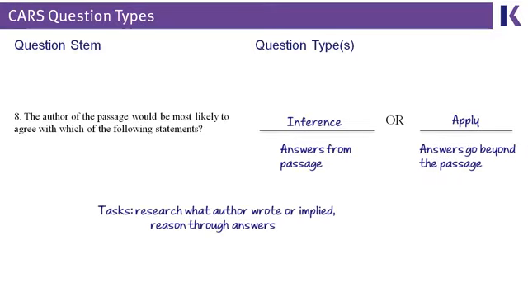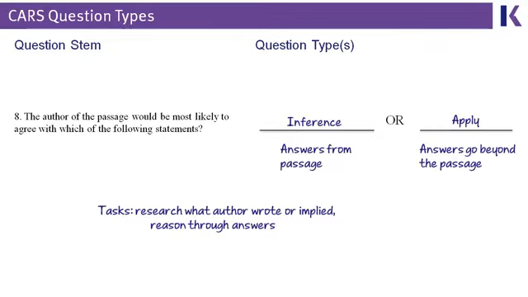You're still going to have to reason your way through the answer choices, and again, stick very closely with what the author exactly says or what the author implies by what he or she does say. Once you figure out what the author did say or what the author implied, then you can go back, work your way through the answer choices, see which one most closely aligns with what the author would agree with, and then pick that answer.